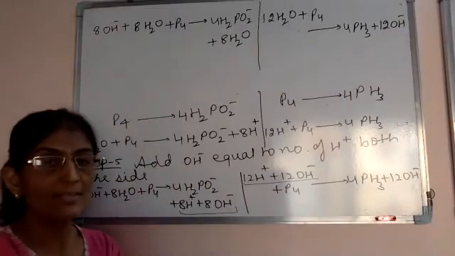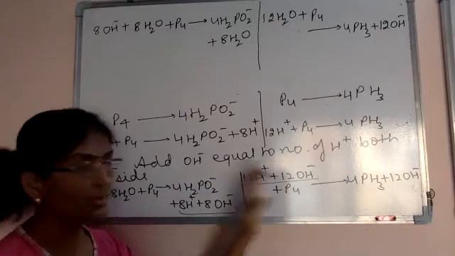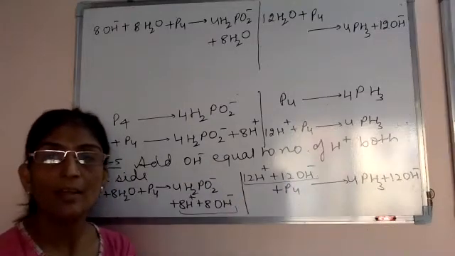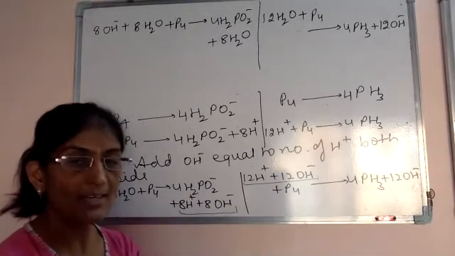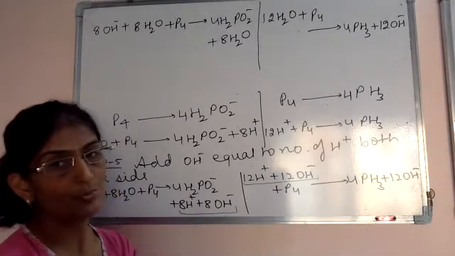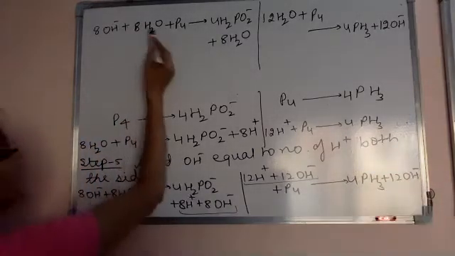What we had done, students: we added OH minus on the base side. If H plus and OH minus are there, what can we write in their place? H2O. So we had done H plus and OH minus together made H2O. We can cut 8H2O on both sides.